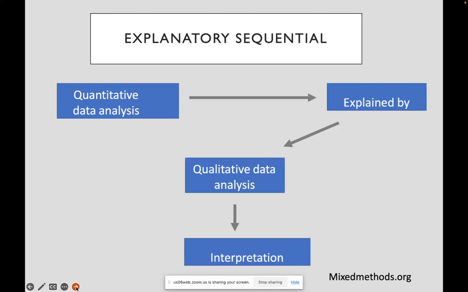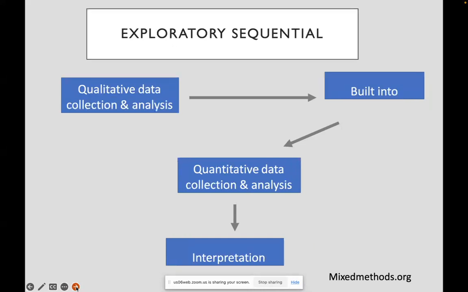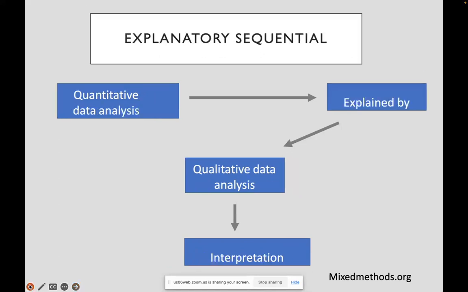So you take that quantitative data analysis and you would use that to explain why you're looking at children, why you're looking at elders, why you're looking at people who already have asthma, and doing that kind of as an interpretation. And then there's exploratory, like this is explanatory, right? What I just talked about.